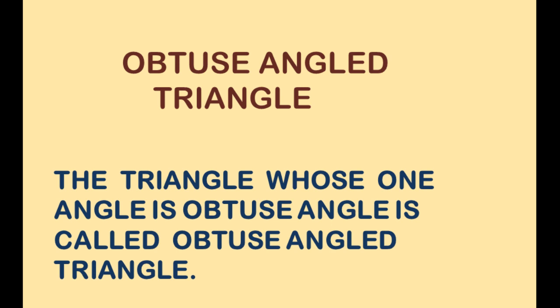If you go through it, you will have complete understanding of all the type of angles. So now, the triangle whose one angle is obtuse means if one of the three angles is greater than 90 degree but less than 180, then such a triangle is called obtuse angled triangle.